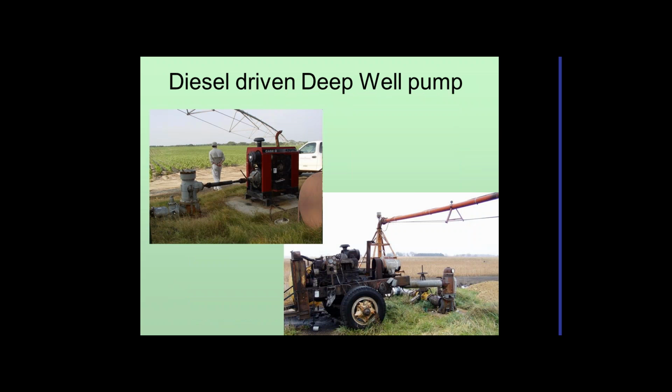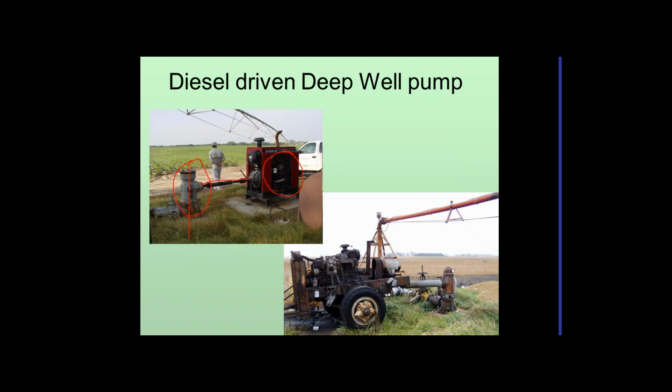Here's some diesel power driven units. So here we've got our diesel power unit. We've got a right angle drive that drives the shaft that runs down to the bowls. So there's a shaft that runs down through this.